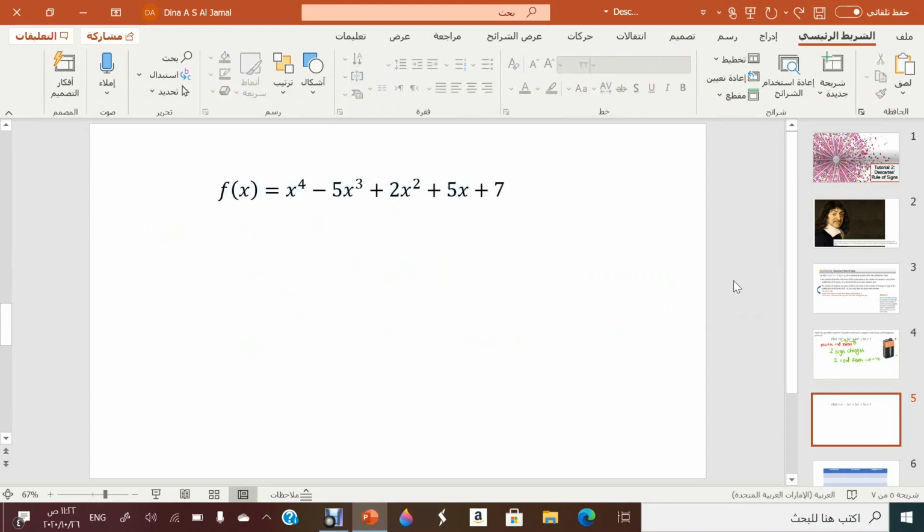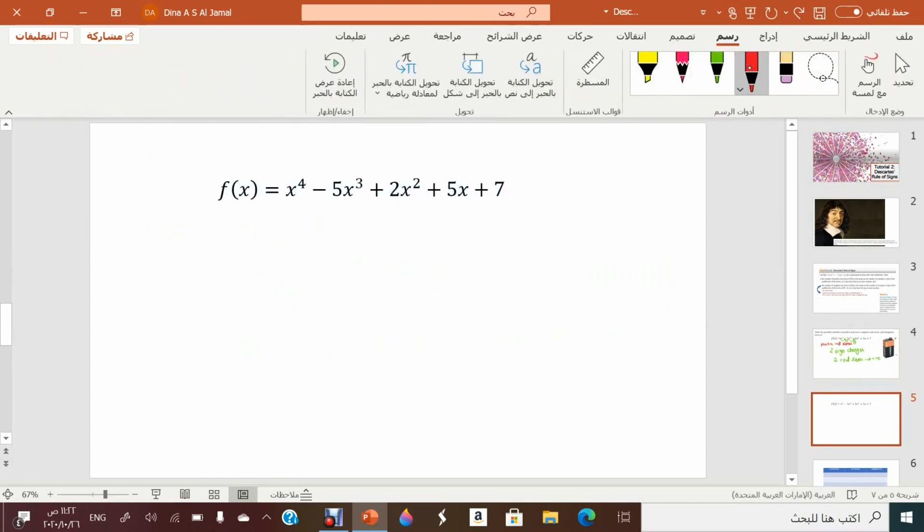Now let's see the negative. As I have told you, for the negative, whenever you want to plug in f of minus x, all you need to do is look at the power of the term itself. If it is even, put the sign as it is. If it is odd, change the sign. Here you have even, no change for the sign. Here you have odd, so there will be a change in the sign.